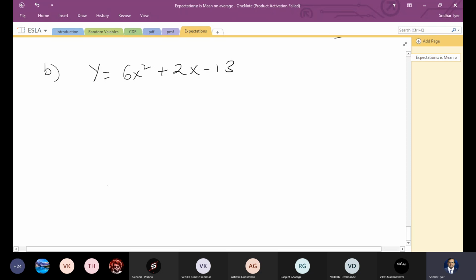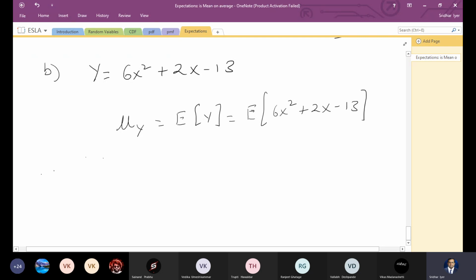Okay, so mean of the random variable y, right? And I'll denote this as mu y, which is E of y, right? Now instead of E of y, I'll write it as E of, and I will substitute y equal to the x value. So I'll have 6x square plus 2x minus 13.